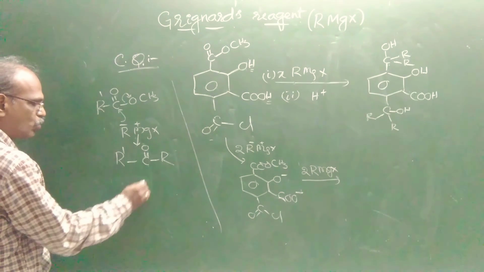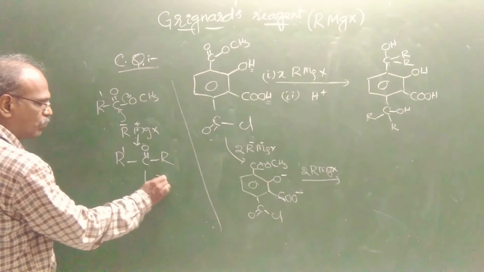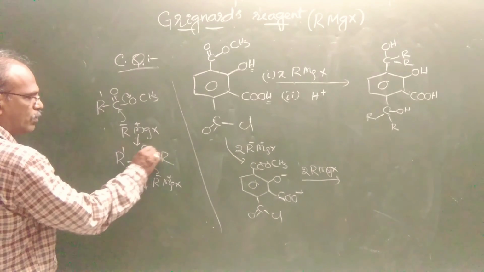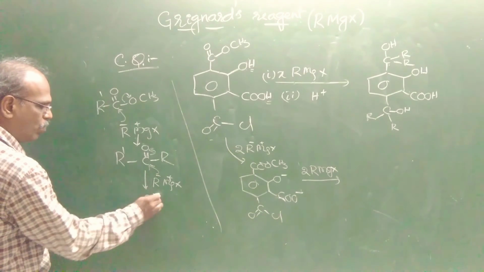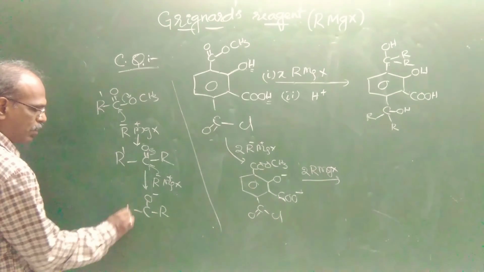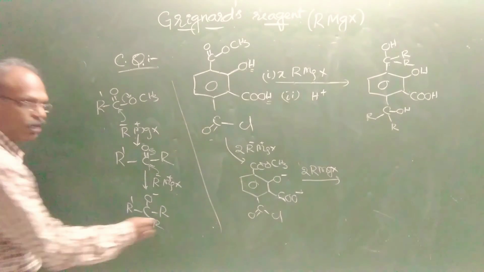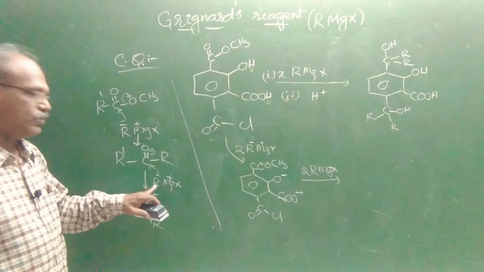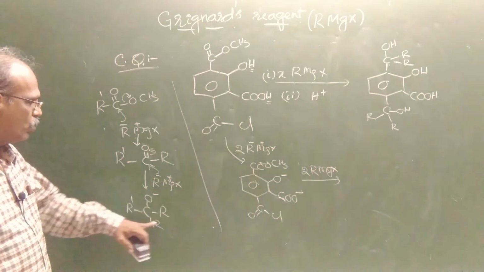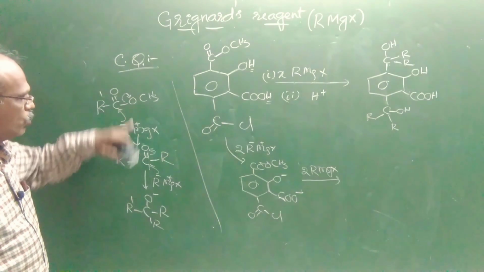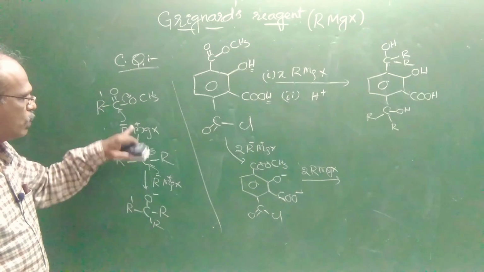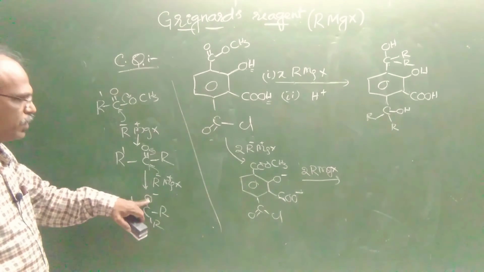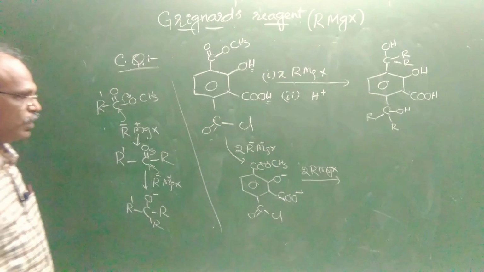Again, it has a keto group, so it can react with 1 more mole of R minus, and you get O minus, R dash, R. So one ester group consumes 2 moles of Grignard's reagent to form an alcohol. After acidification, it becomes OH.